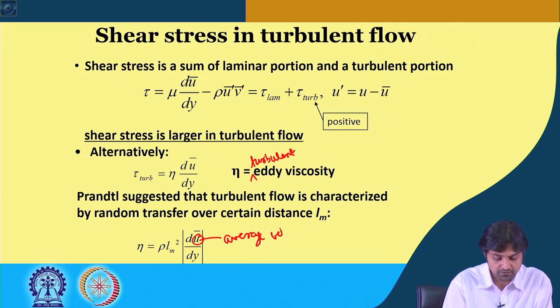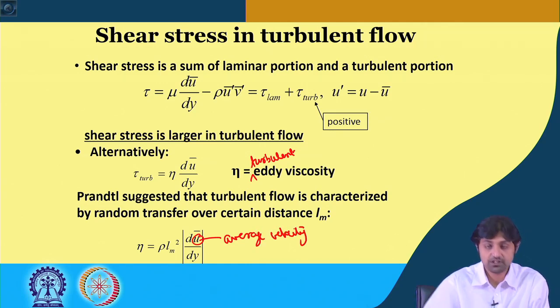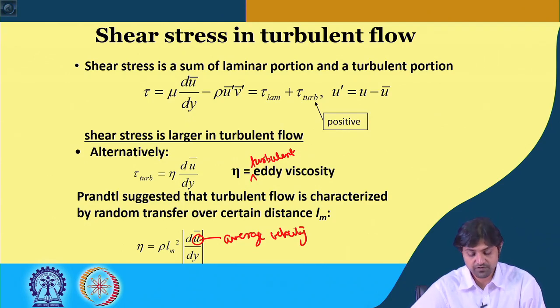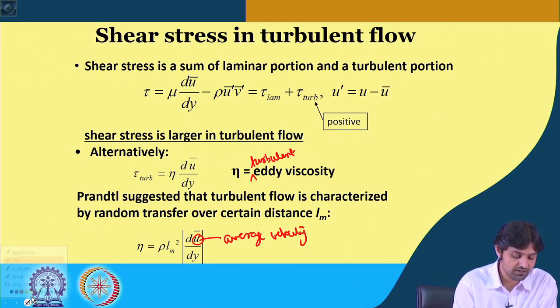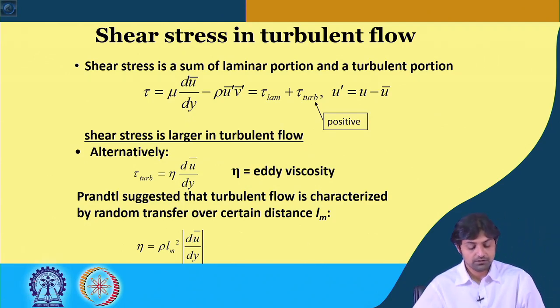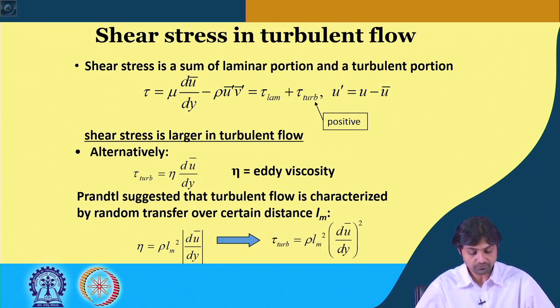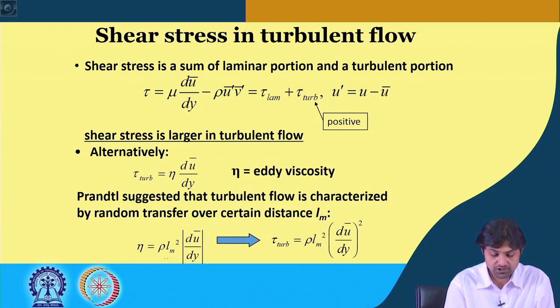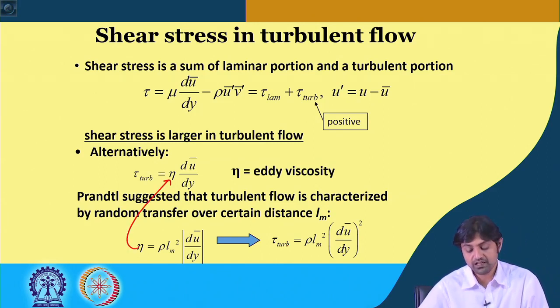You have to appreciate that if we are able to write something in terms of average velocity, it makes our life easier. And therefore tau turbulence can be written as rho Lm square into (du/dy) whole square, indicating that tau turbulence is positive.